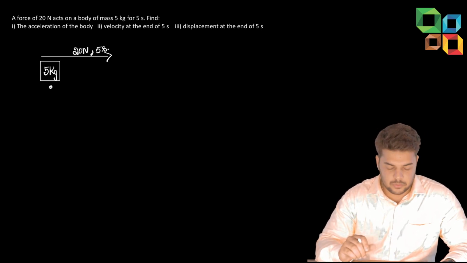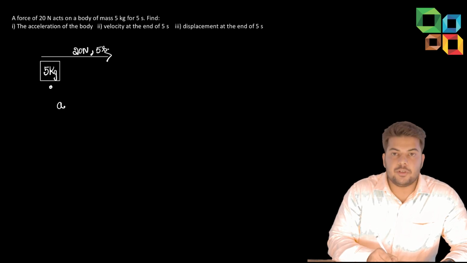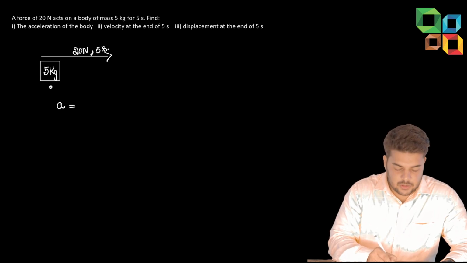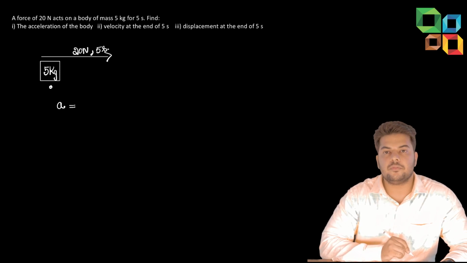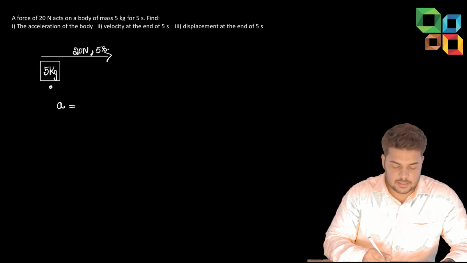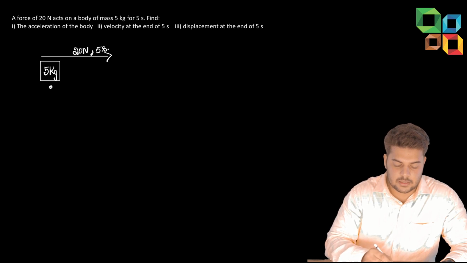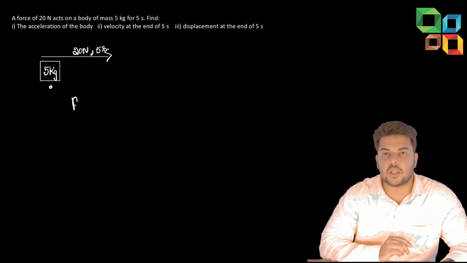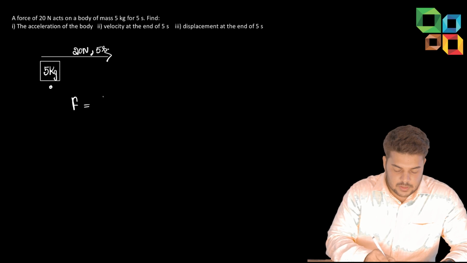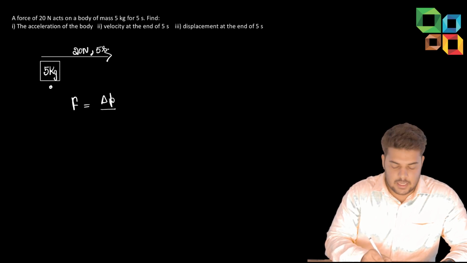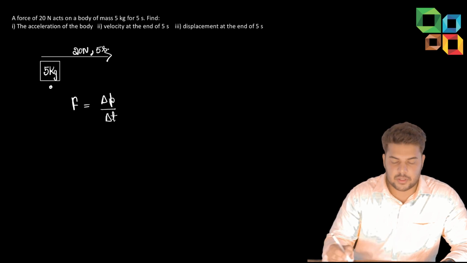Or the rate of change of speed, which we call acceleration. Newton's law says that the force is equal to the rate of change of momentum with respect to time.